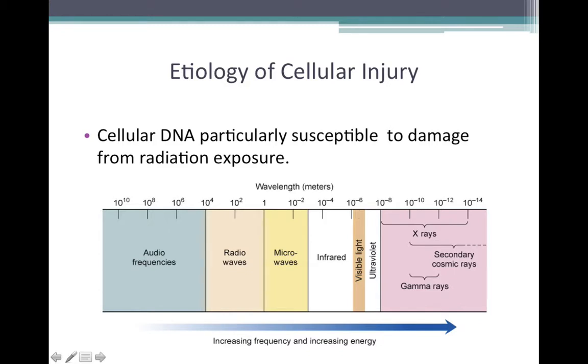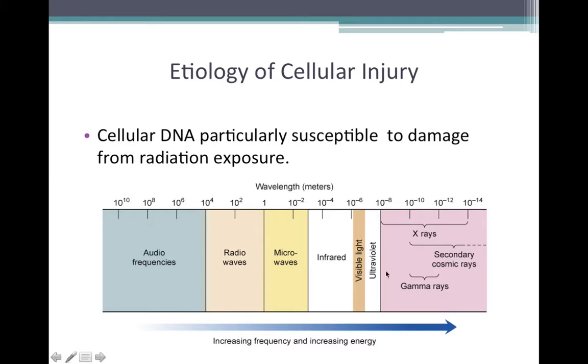So we see that audio frequencies, radio waves, microwaves, infrared, and visible light are going to have fairly long wavelengths. And then beyond the visible light spectrum, we start talking about things like ultraviolet, X-rays, and cosmic rays. These have shorter and shorter wavelengths. And because their wavelengths are smaller, that radiation is more likely to be absorbed by the molecules of your body, and that can lead to basically molecular damage.